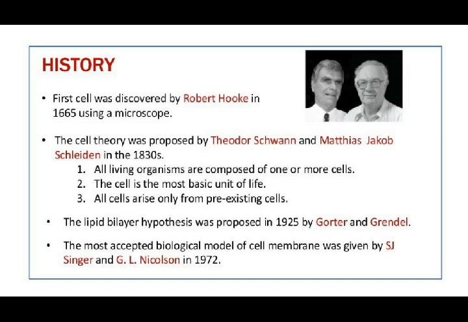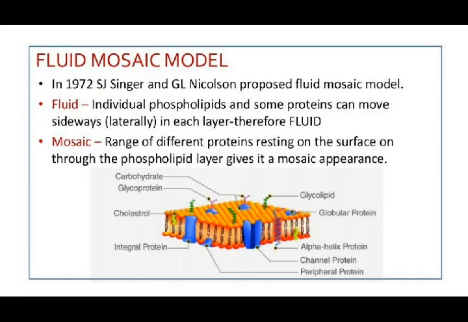The most accepted biological model of the cell membrane was given by S. J. Singer and G. L. Nicholson in 1972. Fluid mosaic model. Fluid: individual phospholipids and some proteins can move sideways, laterally, within each other, therefore fluid.